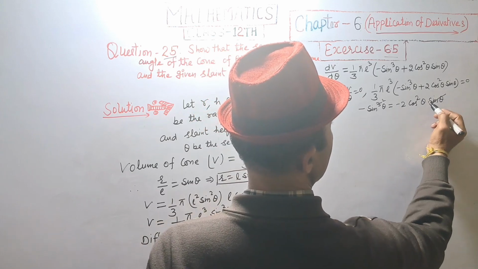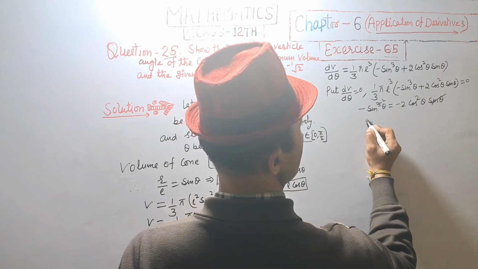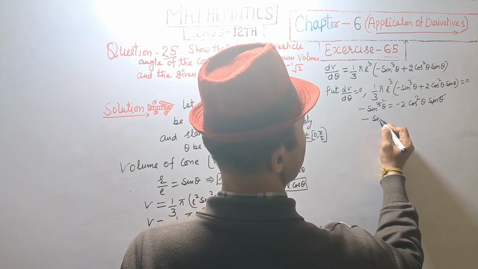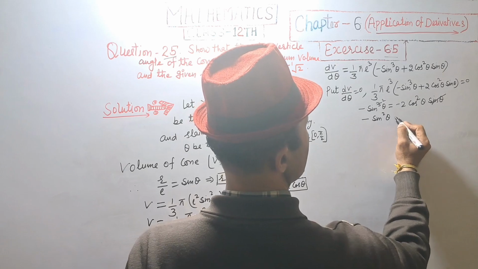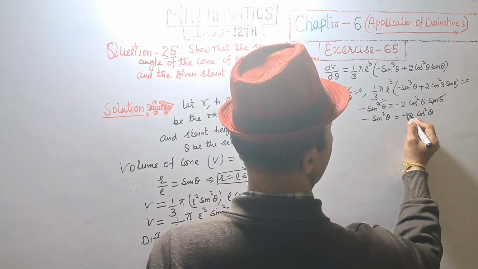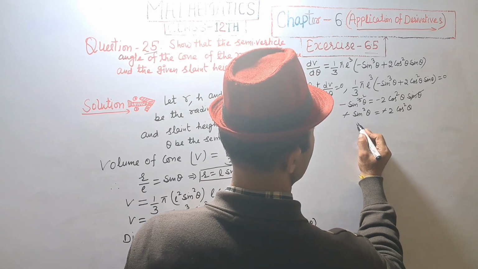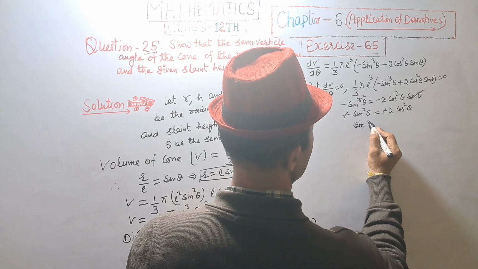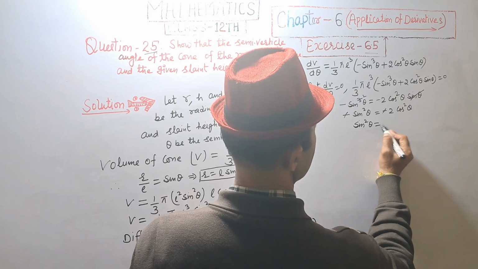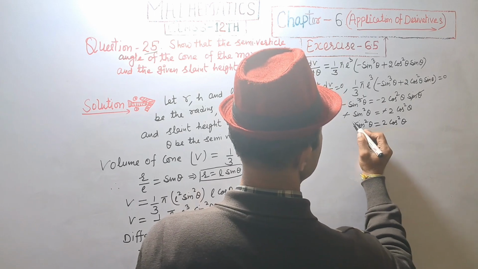One power of sin theta cancels, leaving sin square theta. Minus sin square theta is equal to minus 2 cos square theta. Minus minus cancels. Sin square theta is equal to 2 cos square theta.